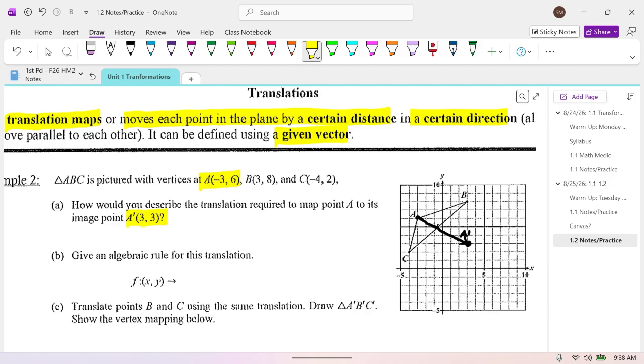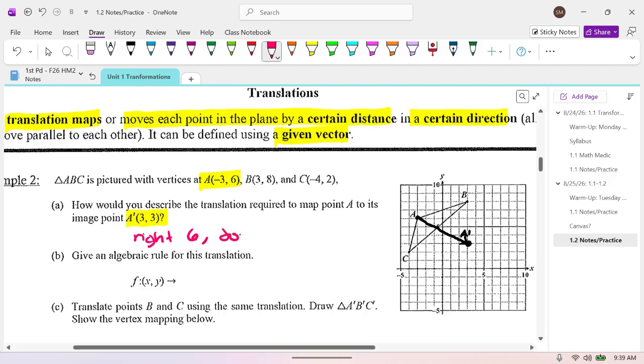Over what direction? Right. So it goes right 6. Yep. So right 6. And then I heard the other one. What was it? Down 3. So make sure you include the word shift. Right 6, down 3.